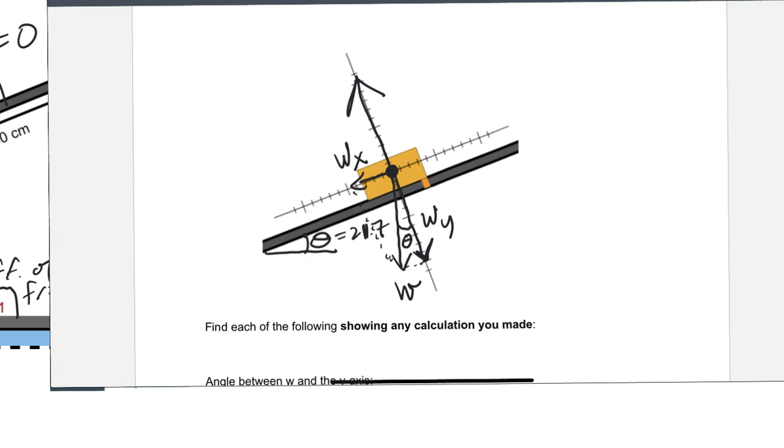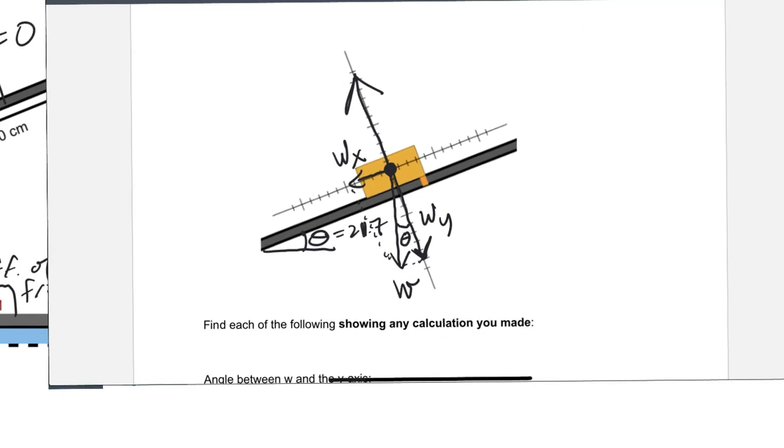Now there's nothing pulling up like in lab, like a string pulling it up or holding it back, so there's none of that. But since it's moving up the ramp, you've got to realize that friction is pointing that way. Kinetic friction. So there's an arrow pointing to the left. Let's call that kinetic friction.